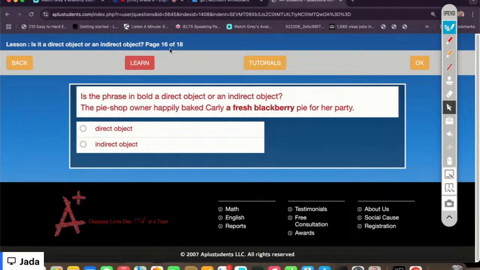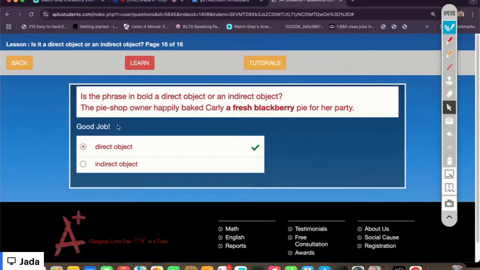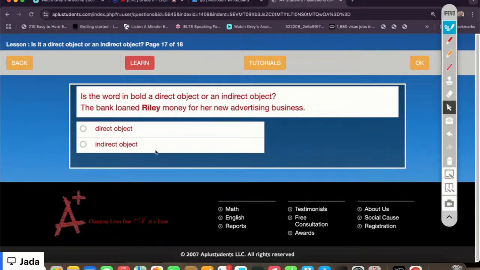Alright, so is this direct or indirect? Direct objects. Alright, so that's it for this lesson under direct or indirect objects.